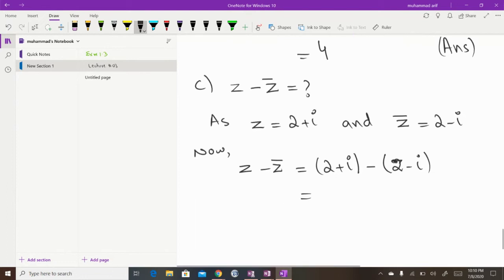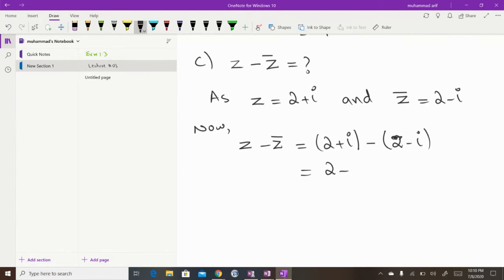Now simplify it. After multiplying negative with 2 we get negative 2, and negative with negative iota we get positive iota. Here we see that positive 2 is cancelled with negative 2. We get iota plus iota is 2 iota, which is our required answer.